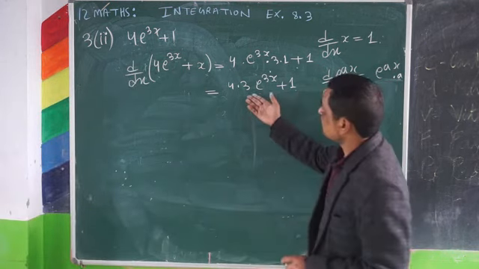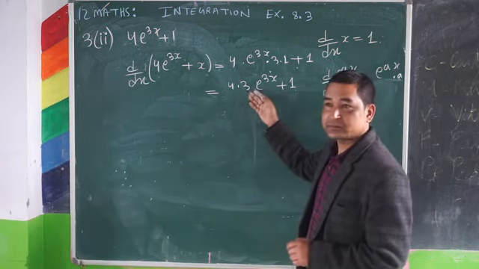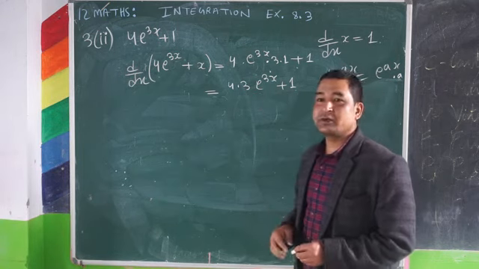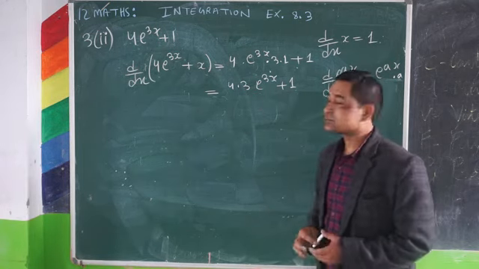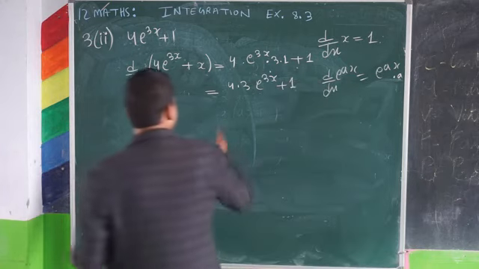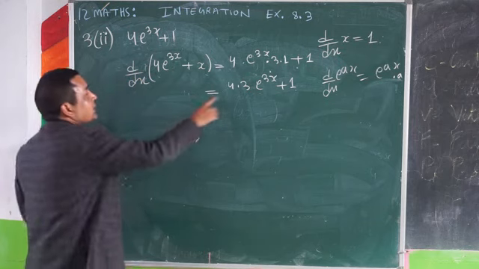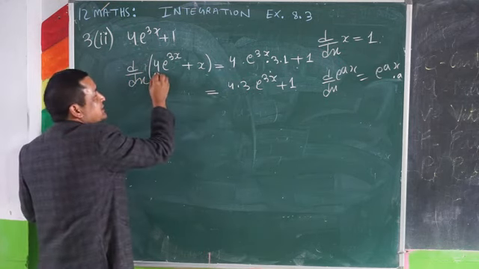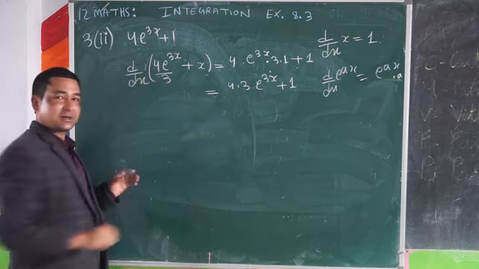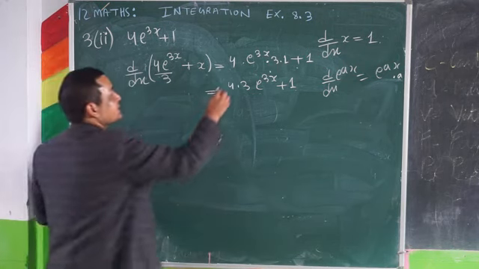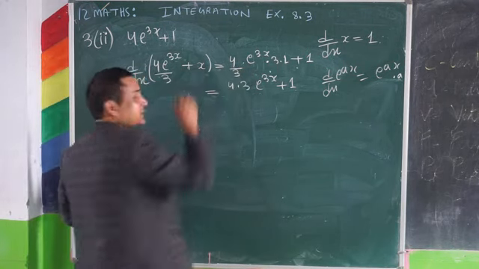Now how do we remove this 3 from here? 3 is extra here, and to remove this 3, let's divide these questions by 3.